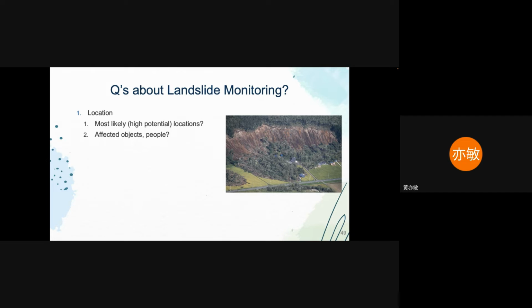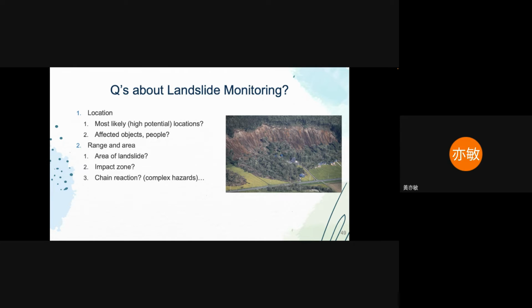So we need to identify the locations of the landslides, the most likely locations, and also, whenever there's a landslide already on the site, what are the affected objects or what are the people that will be affected by the landslide.